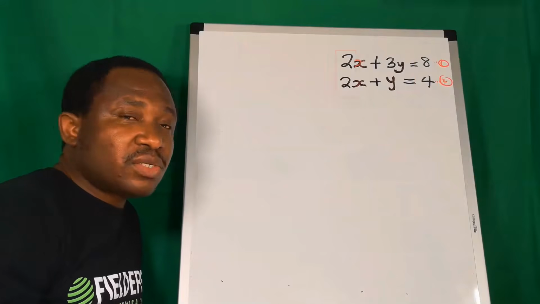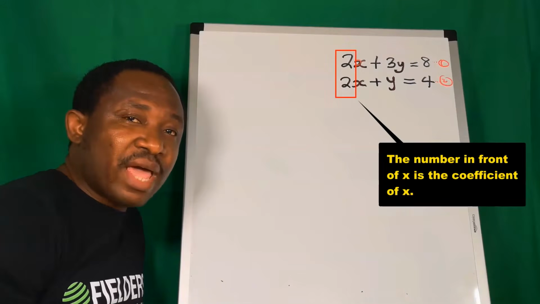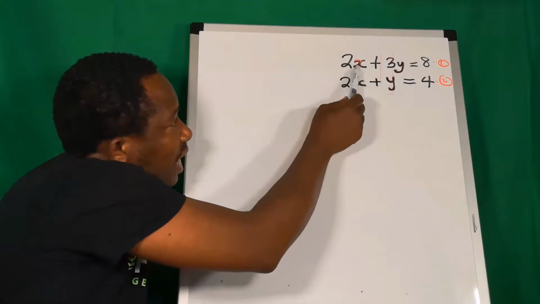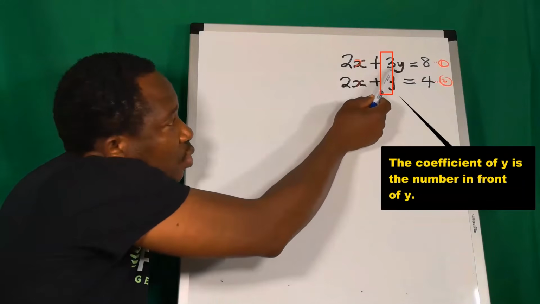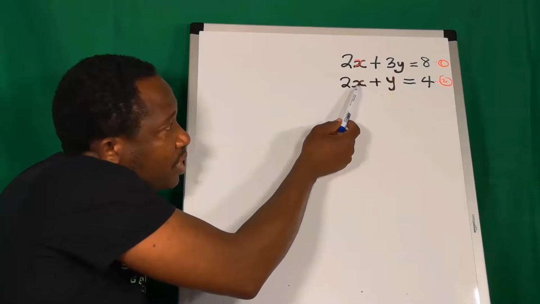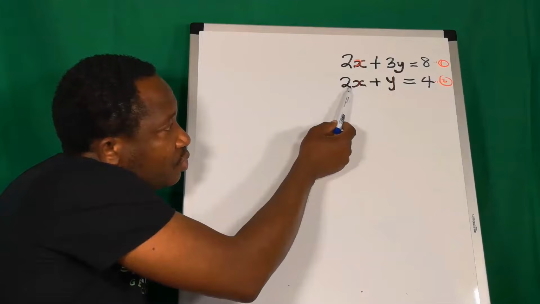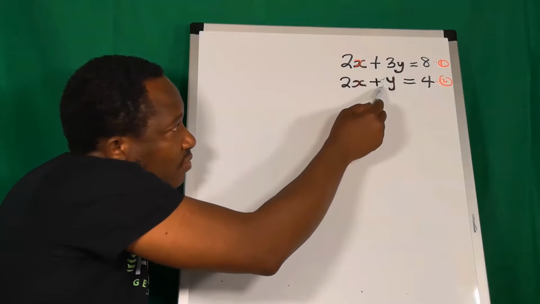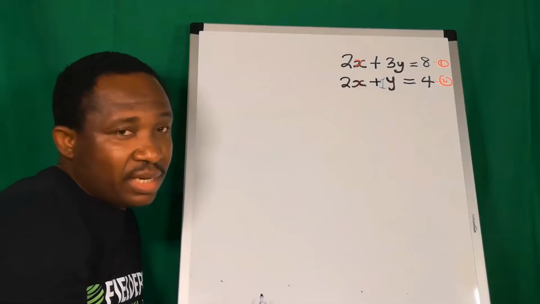Next, let's consider the coefficients of x and y. In equation 1, the coefficient of x is 2 and the coefficient of y is 3. For equation 2, the coefficient of x is 2 and the coefficient of y is 1. When it is 1, we don't usually write it.